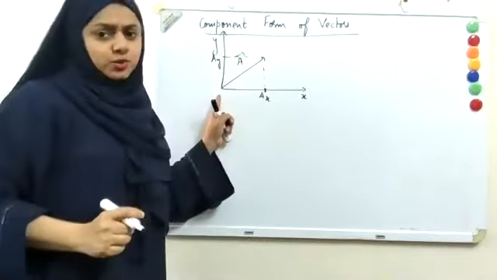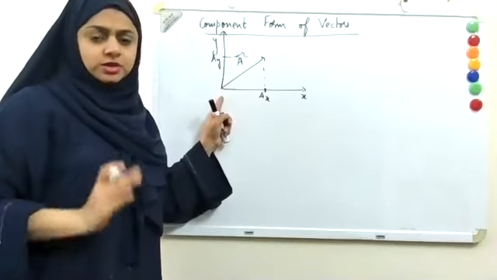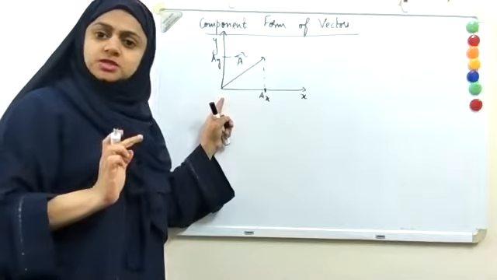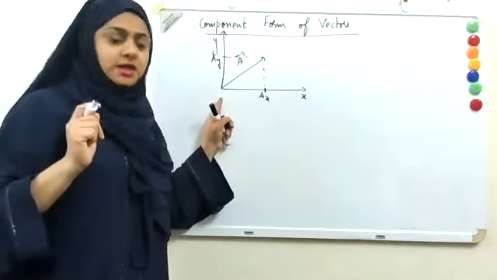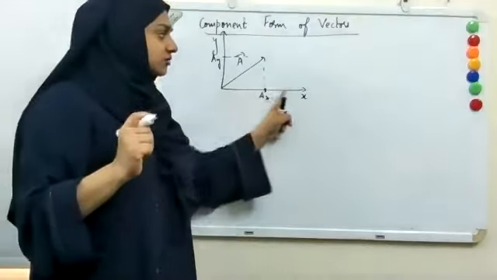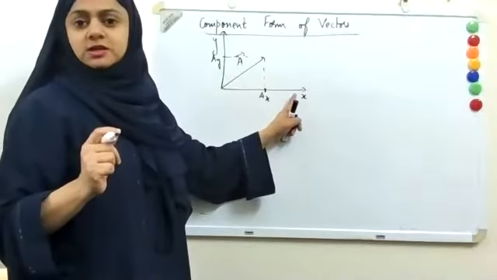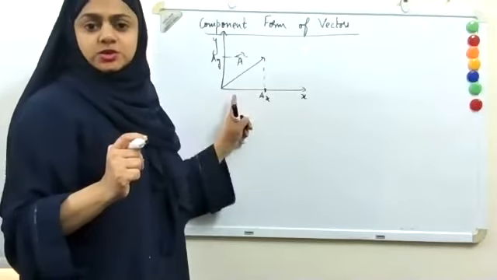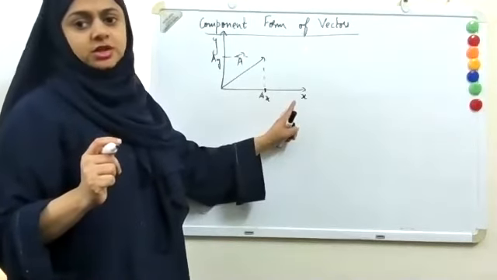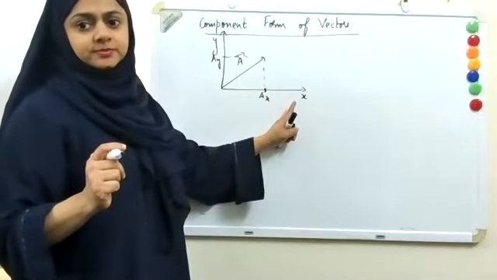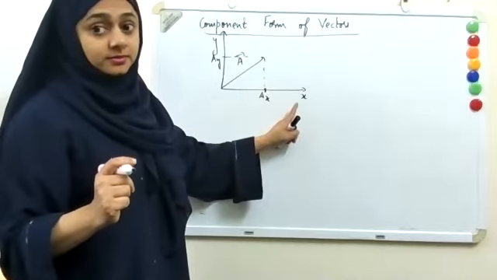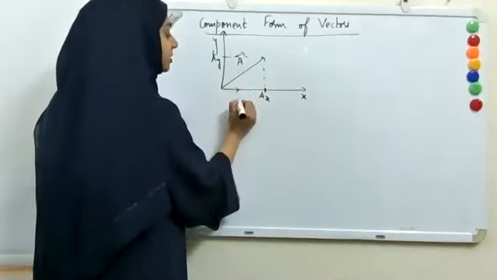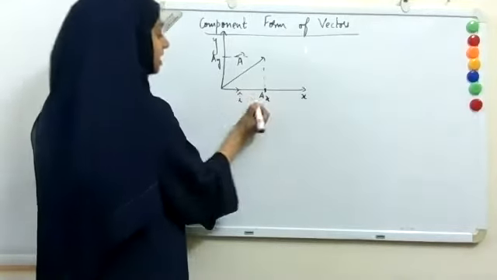When we learned unit vectors, I told you there is a notation for the unit vector along the x, y, and z direction. What is the notation for the unit vector along the x direction? I. So along the x direction, you can represent the unit vector with i cap.